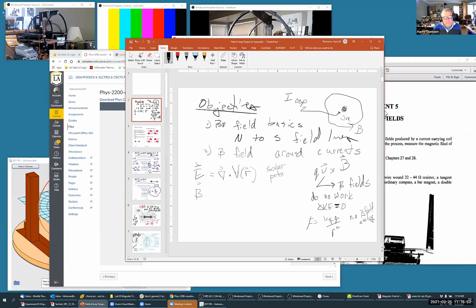E fields come from a scalar potential, and it turns out there's an analogous equation for magnetic fields, and we have this vector potential, although we don't get into that in the 2000 level. So this one is called a gradient operator.